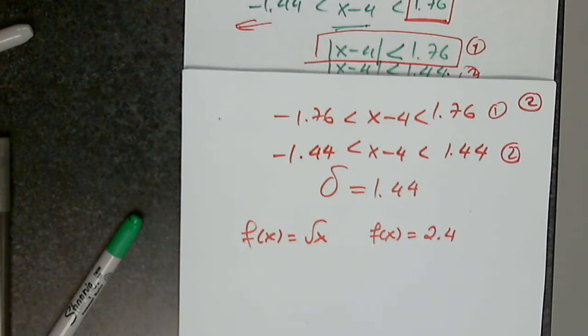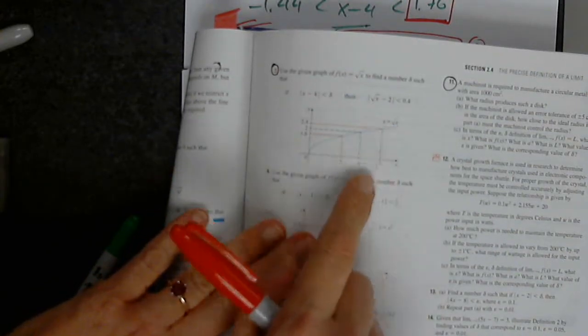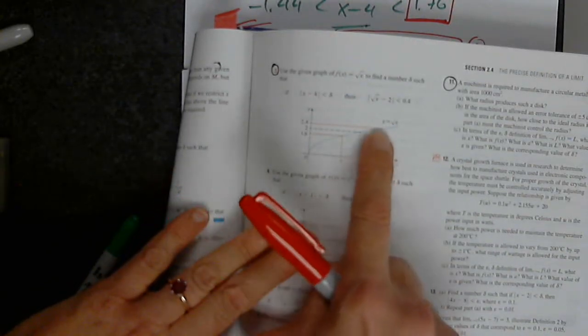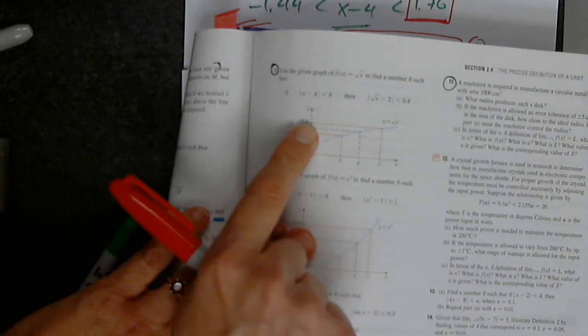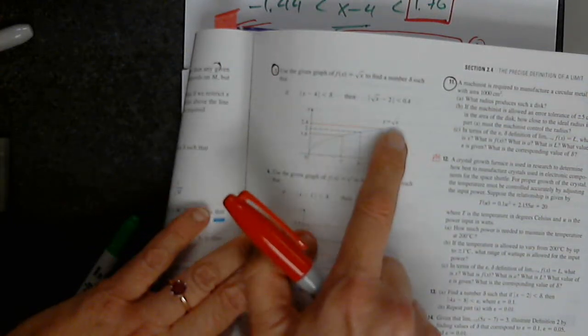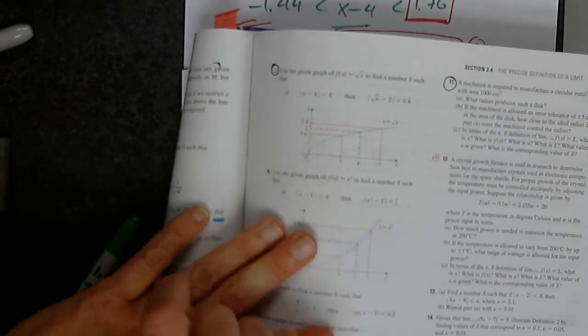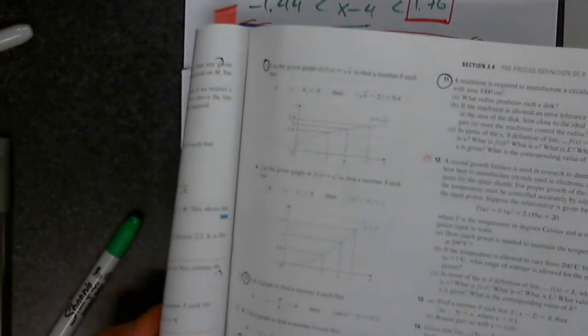When I plug in this number that I don't have into the square root of x, I will get 2.4. When I plug in this other number, I will get 1.6.